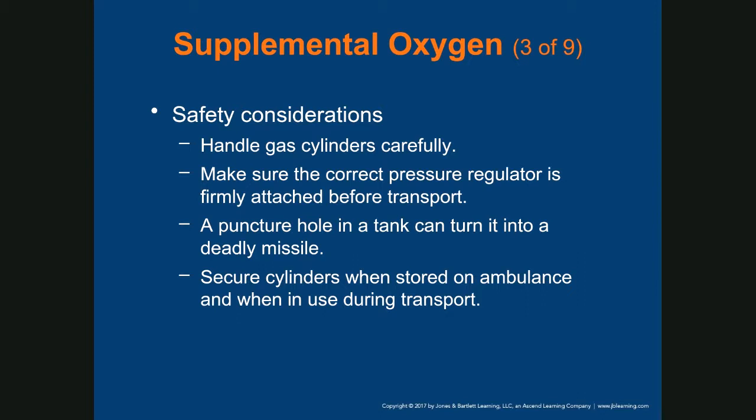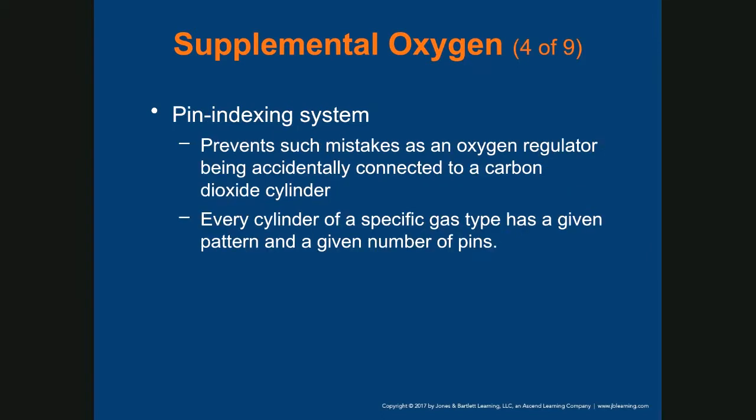A puncture hole in a tank can turn into a deadly missile. Secure cylinders when stored on the ambulance and when in use during transport. Right? So it uses a pin indexing system. It prevents such mistakes as an oxygen regulator being accidentally connected to a carbon dioxide cylinder.